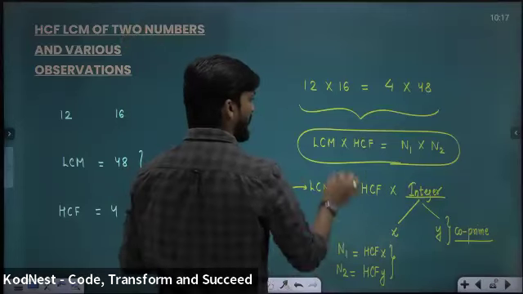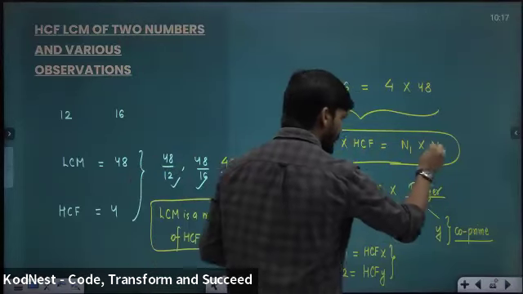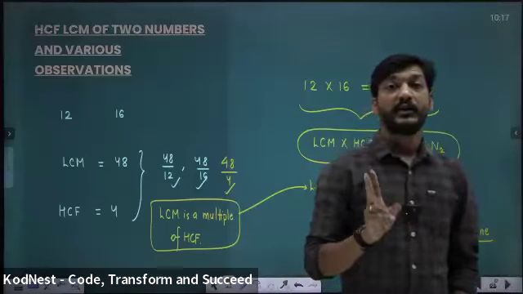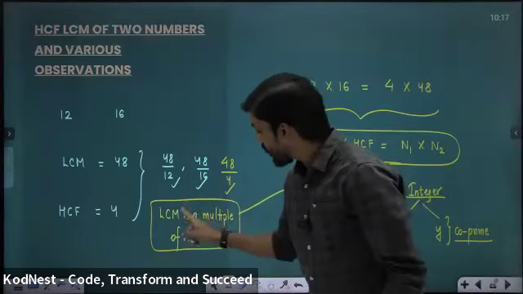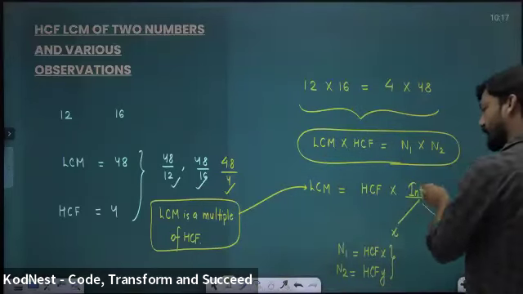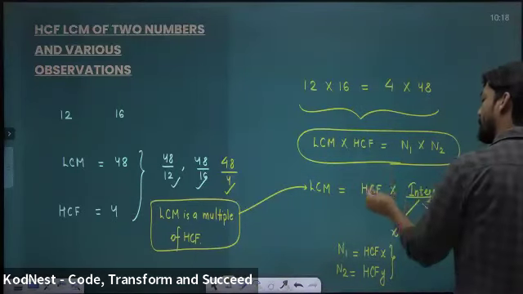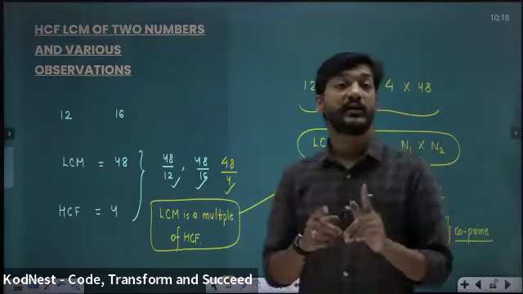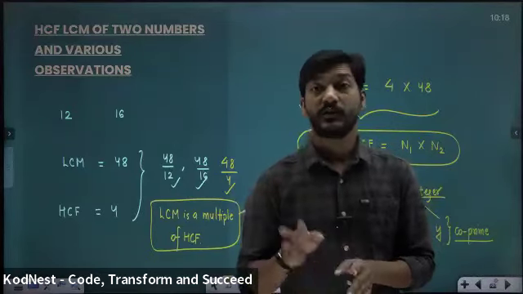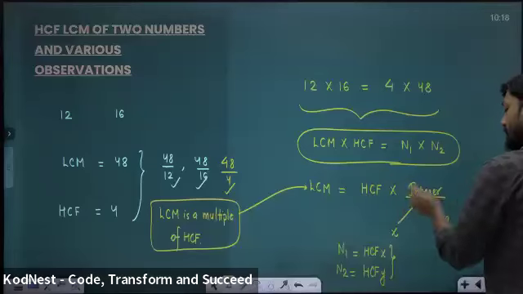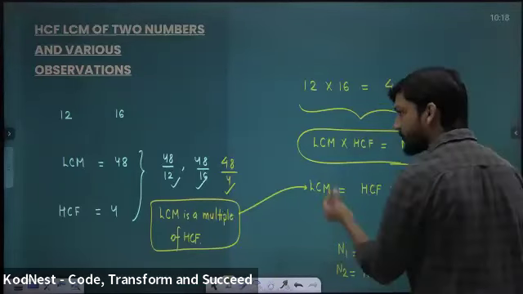These numbers will have LCM and HCF. They are related this way: LCM into HCF equals the product of the numbers. The second thing is the LCM is always a multiple of HCF. So we can write LCM equals HCF into an integer. Once we get this integer, we will break it into two parts, call them X and Y, and HCF into X, HCF into Y will be your numbers.